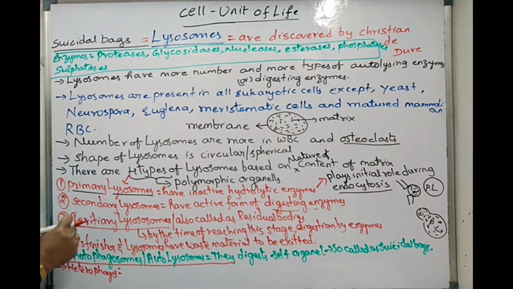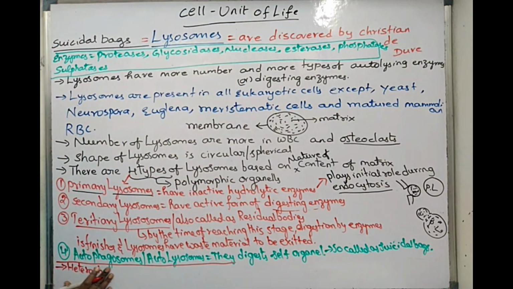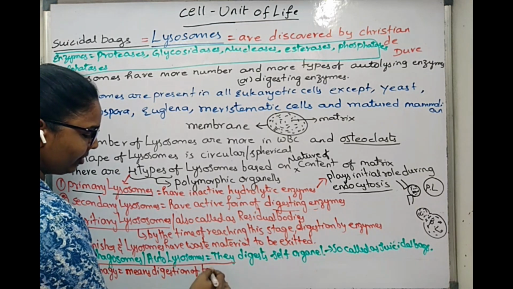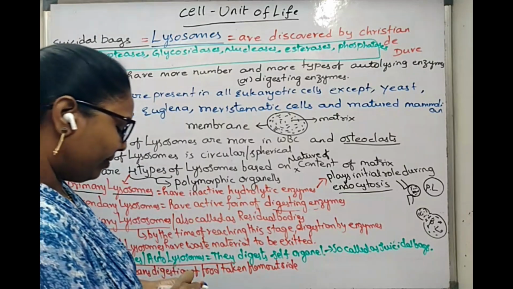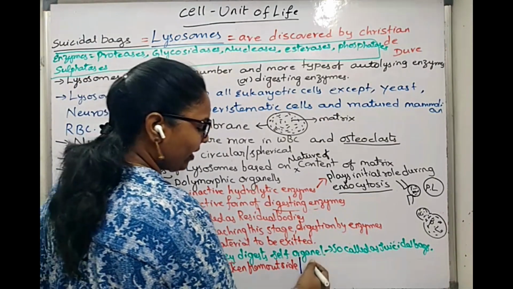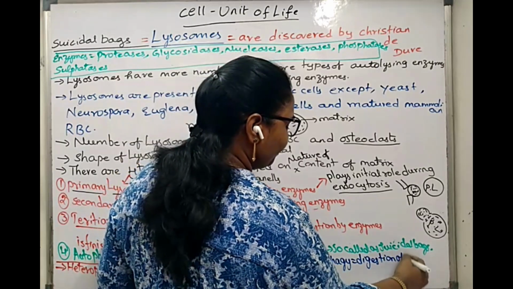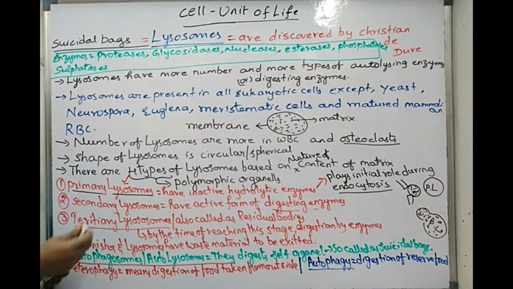Then digestion of reserve food material is called autophagy. So lysosomes are doing both heterophagy and autophagy.